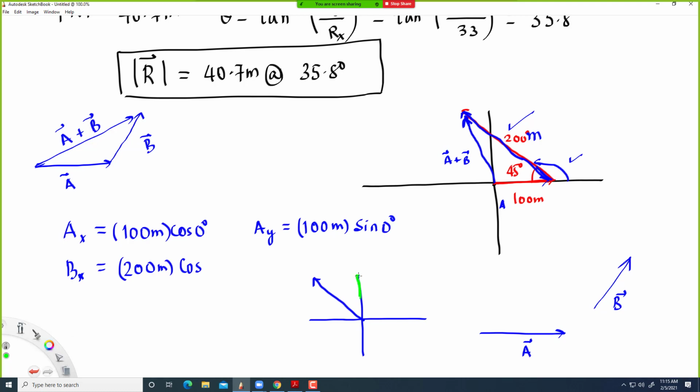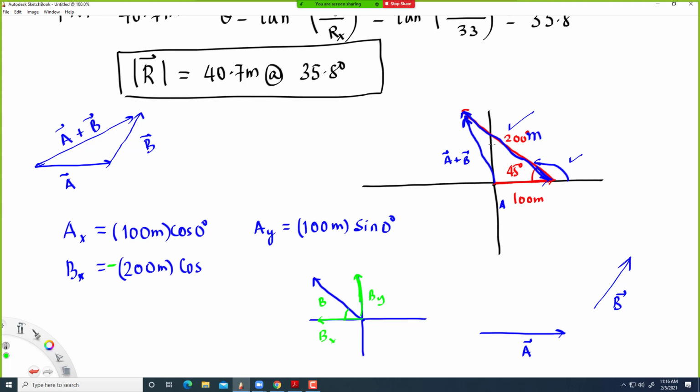Call this b. So By is positive, but Bx is pointing this way. If it is pointing to the left, you can just choose the angle made by this vector with the x-axis, and then you choose the negative sign. So for the vector pointing to the left, use a negative sign here.